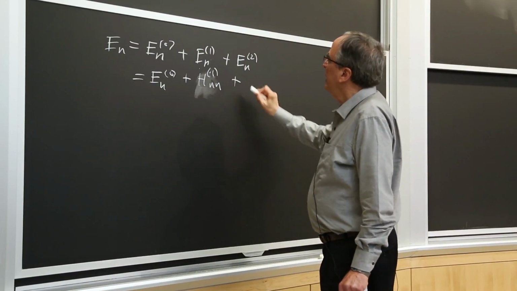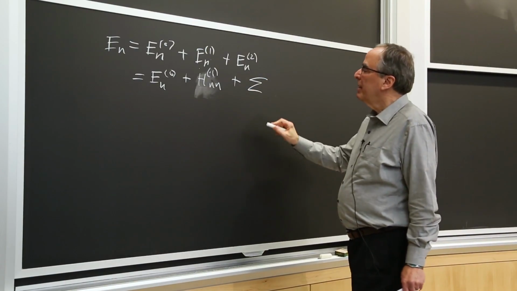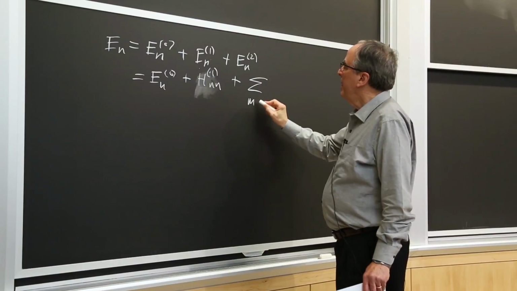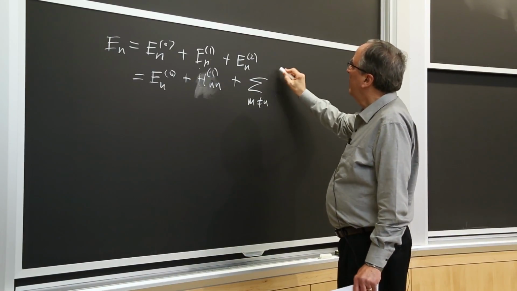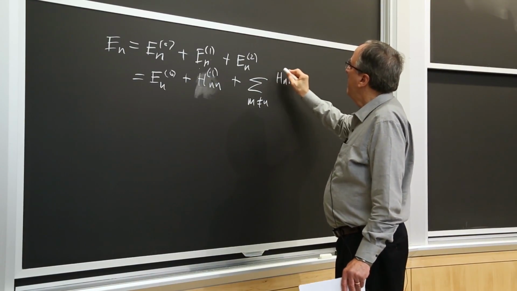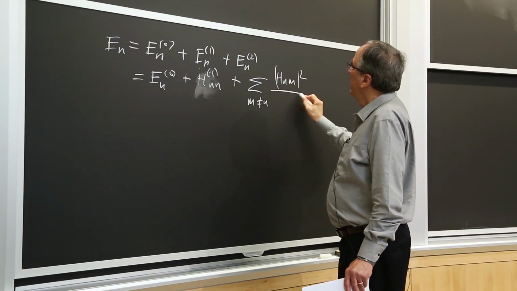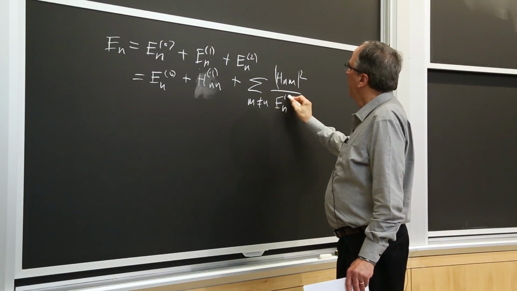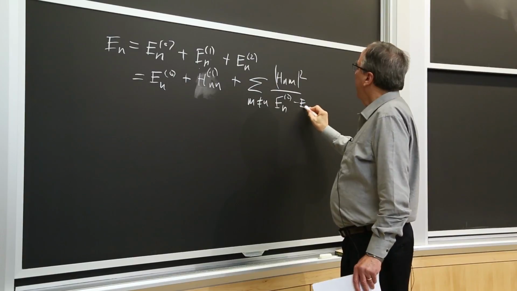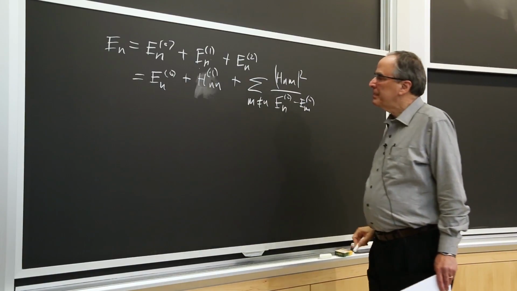And then we have this complicated looking thing, the sum over m not equal to n of H_nm squared over E_n^0 minus E_m^0.